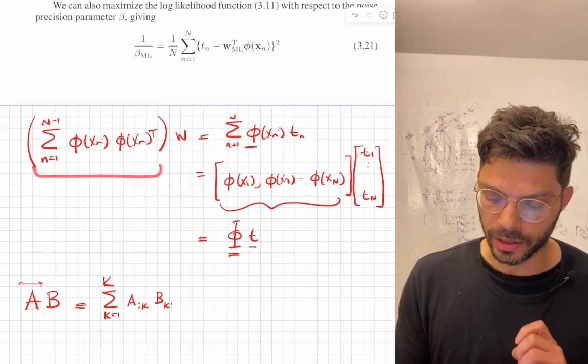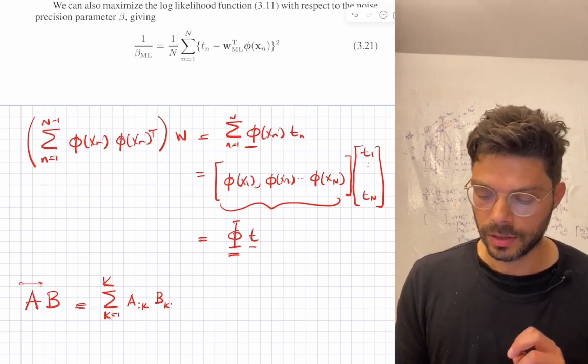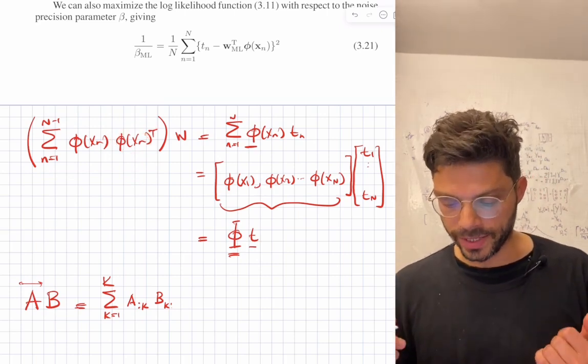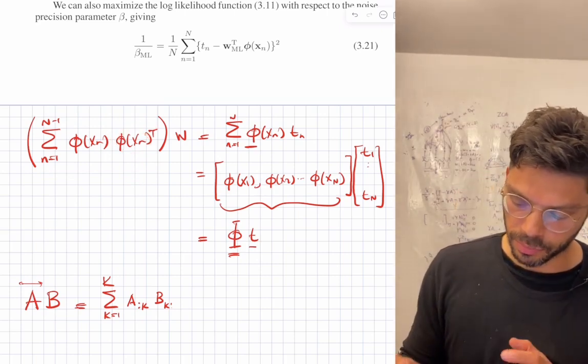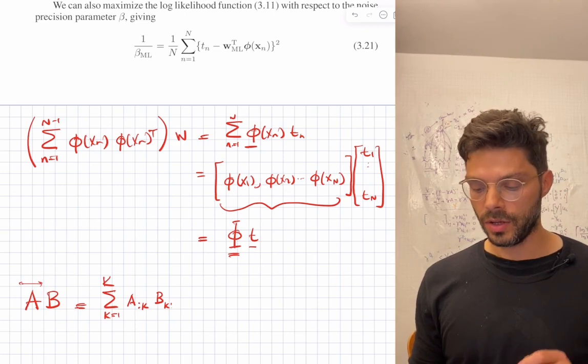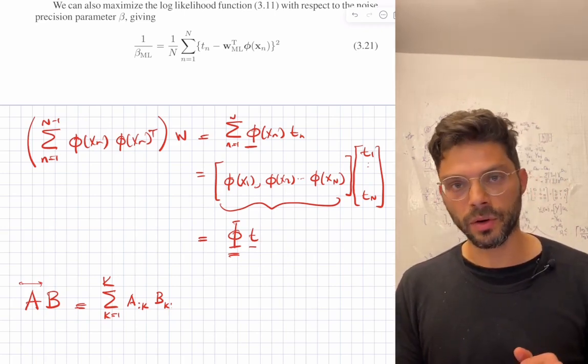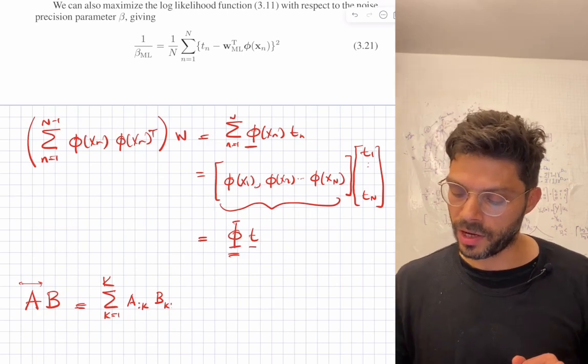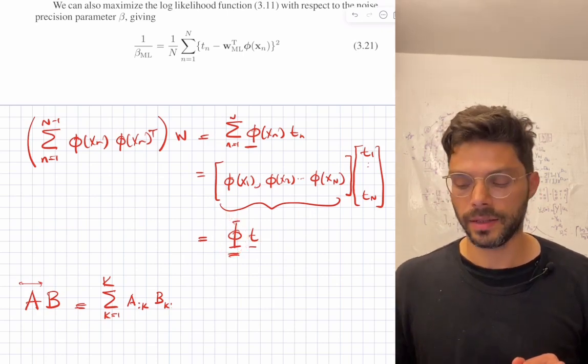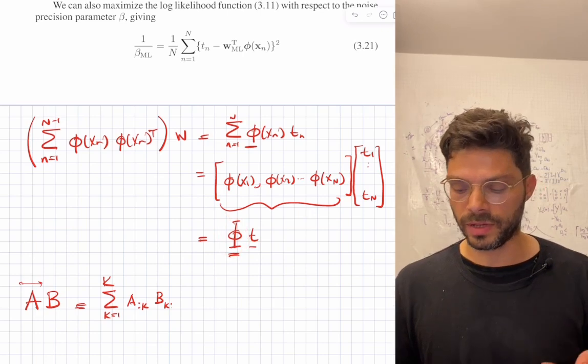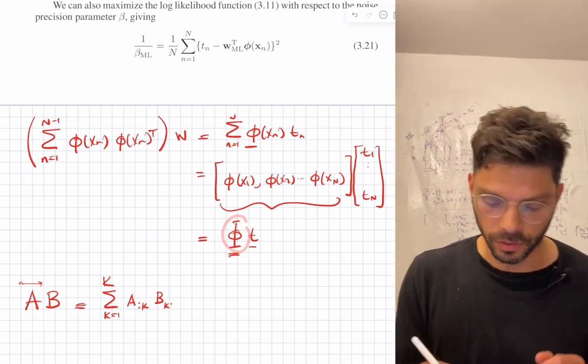We have an outer product of columns and rows. So we can write that as the product of two matrices where one has columns phi and the other has rows phi. The one with columns phi is already this guy, and the one that has rows phi is this guy transposed.